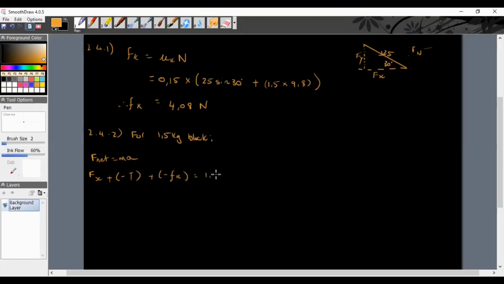That's all equal to 1.5 a. Everybody should at least be up to speed there.